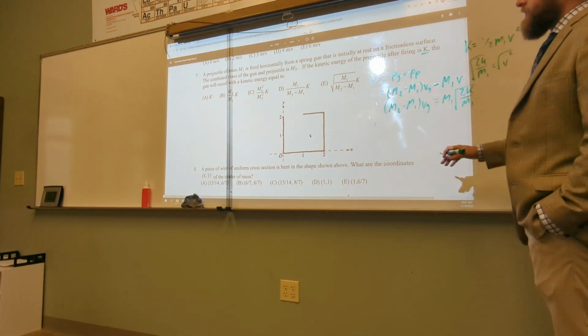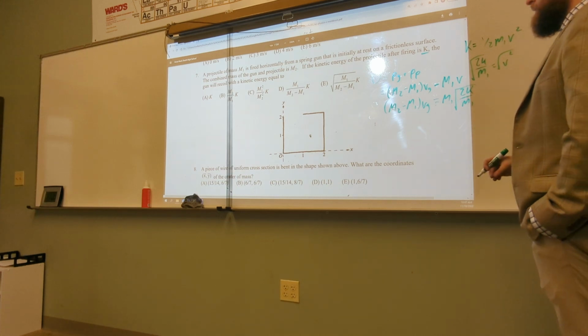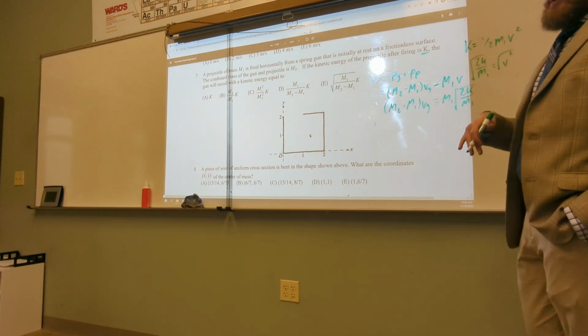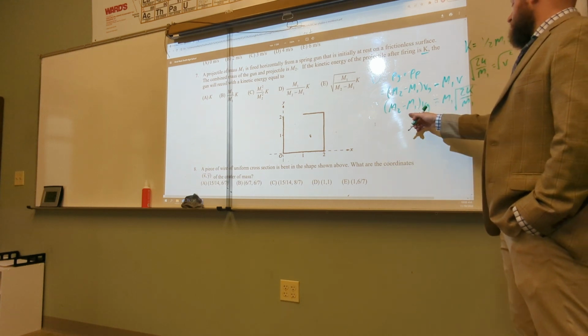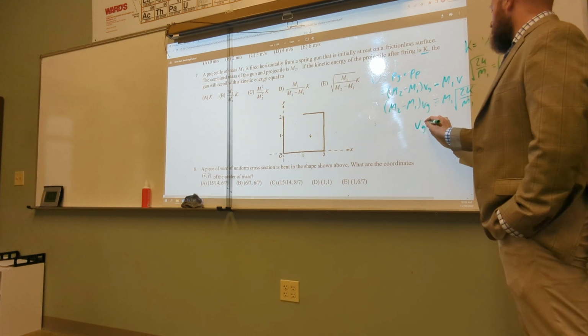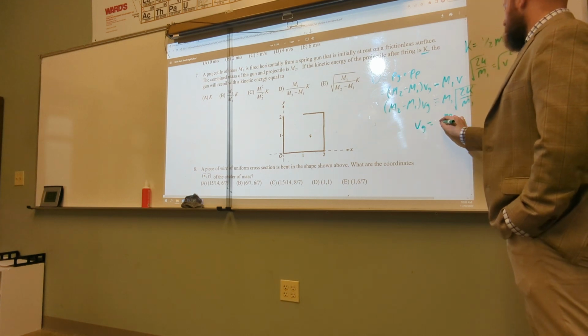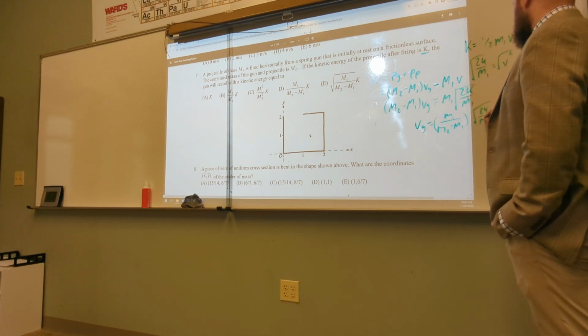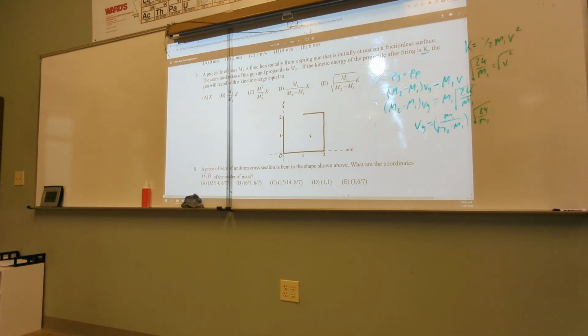Once I find that velocity, I can plug it into the kinetic energy formula to find the kinetic energy of the recoiling gun. So now I just need to divide by m2 minus m1. So I have Vg equals m1 over m2 minus m1 times the root of 2k over m1. Now I have my velocity, and I can plug that into the kinetic energy formula.